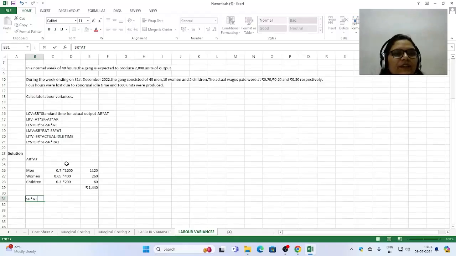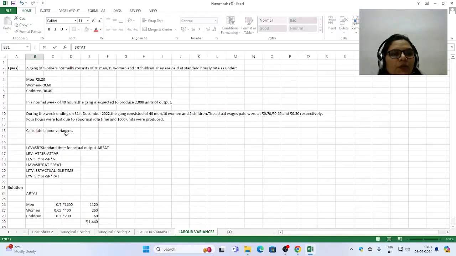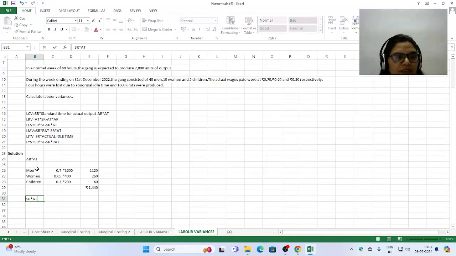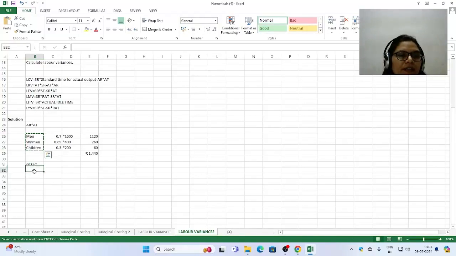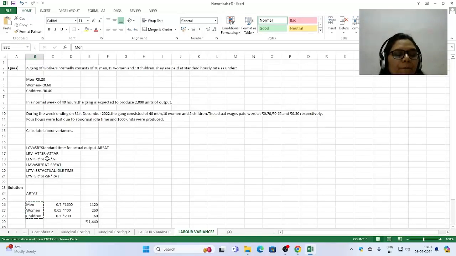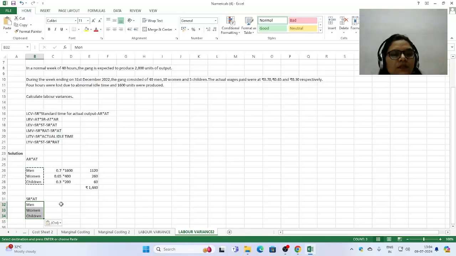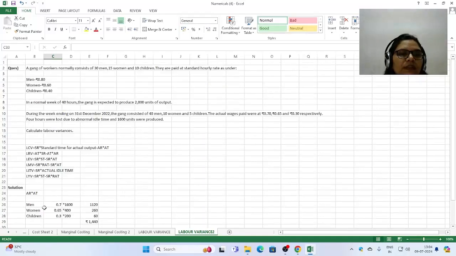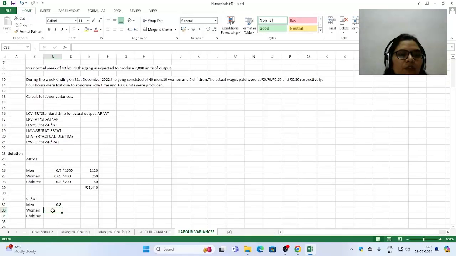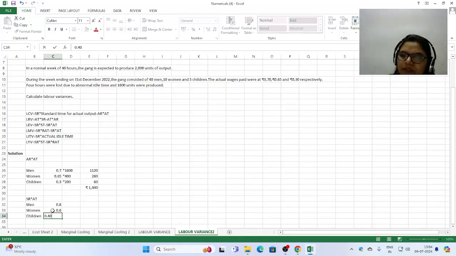It is given, and again we will do this calculation separately for men, women, and children. It is 0.80, next 0.60, 0.40.